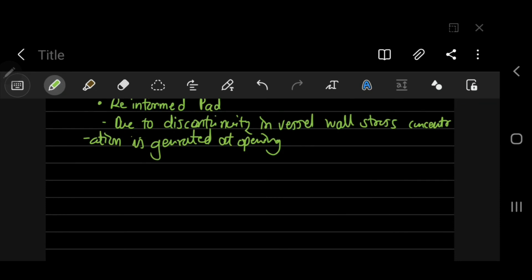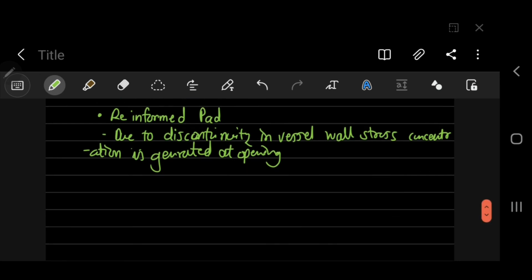So earlier we have seen that we have used the reinforcement pad in our design. Teacher will definitely ask you what is a reinforcing pad, and why it's used. So reinforcing pad is the extra material provided to remove stress concentration, or to neglect the effect of stress concentration.